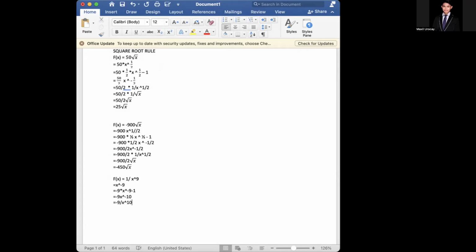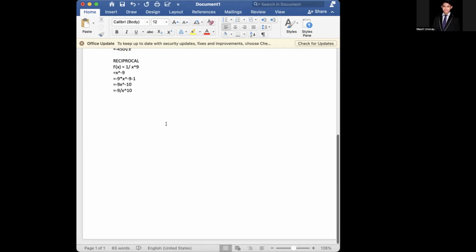Like that. That's the answer already. And this is for the reciprocal as I've mentioned. After the reciprocal, we have the sum rule. But for the sum rule, I'll just give that in a separate video to finish this one.